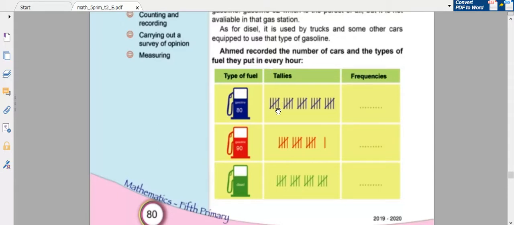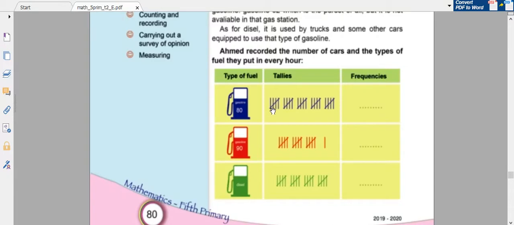Tally marks or tallies is a type to collect data by marking numbers and making the numbers in groups of 5. Let's take the first one as an example, fuel 80.